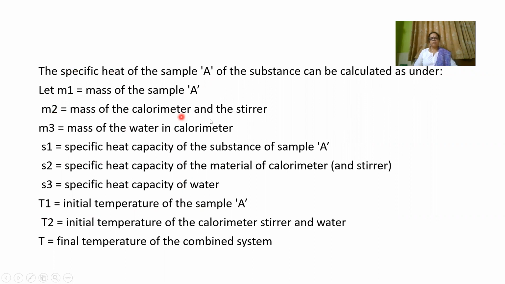M2 is mass of calorimeter and stirrer, S2 is specific heat capacity of material of calorimeter and stirrer, and T2 is initial temperature of calorimeter, stirrer and water. Now third one, M3 is mass of water in calorimeter, S3 specific heat capacity of water, and T is final temperature of the combined system.